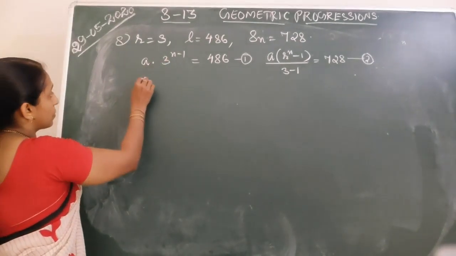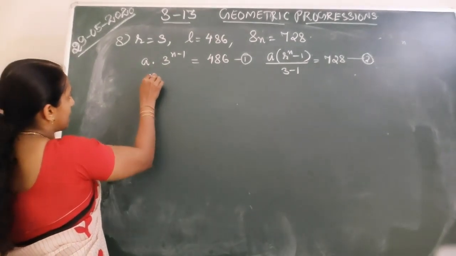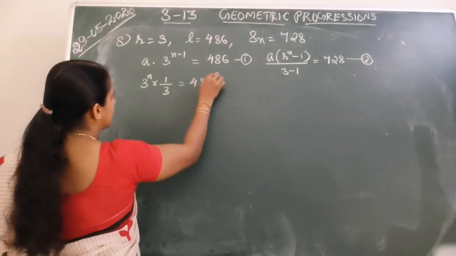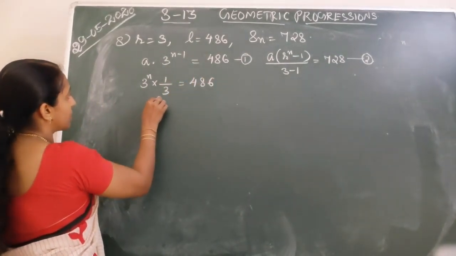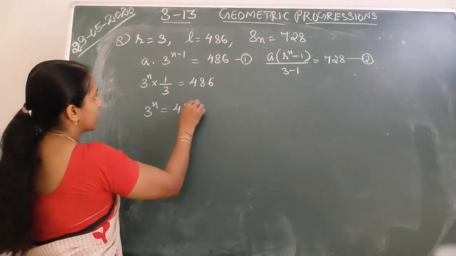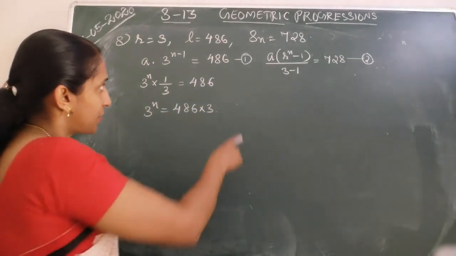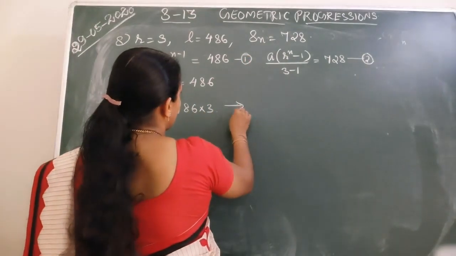Here also you can find 3 to the power n into 1 by 3 is equal to 486 and you will get 3 to the power n as 486 into 3. Clear? And that value you will substitute there.